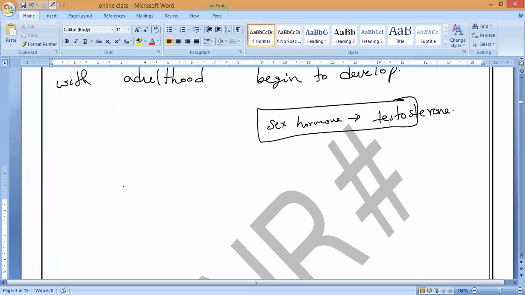So next, changes that occur in girls at puberty, or the changes a girl attains at puberty age. Puberty in girls. First of all, this is the same thing: hair will start growing in the armpits as well as the pubic region. That change is the same as in boys also. Hair growth.